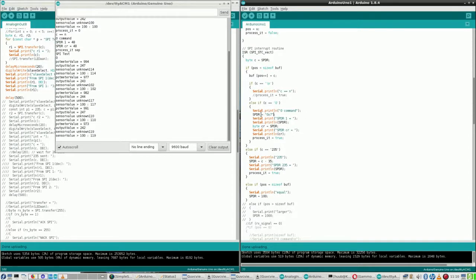So here I have a line. SPDR is 0x7. 0x usually stands for byte or a hexadecimal. Oh, that's a nice idea. If I say A, which is hexadecimal for 10. 0xa is 10, decimal 10.